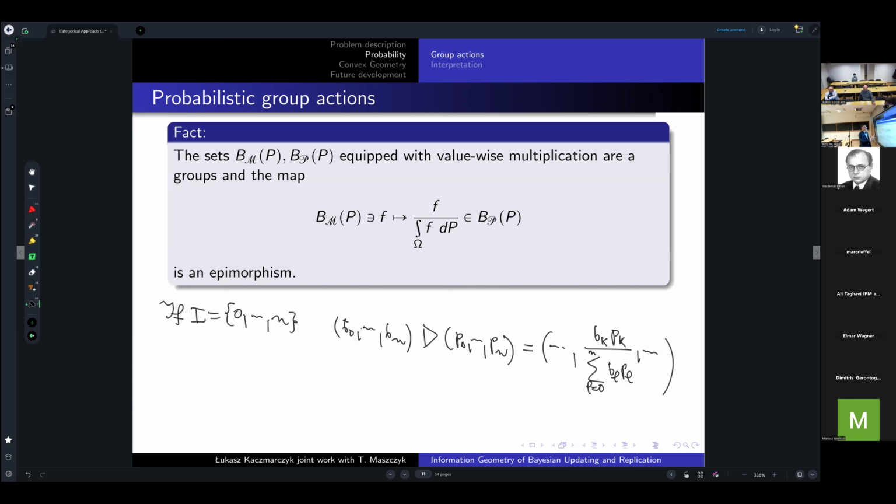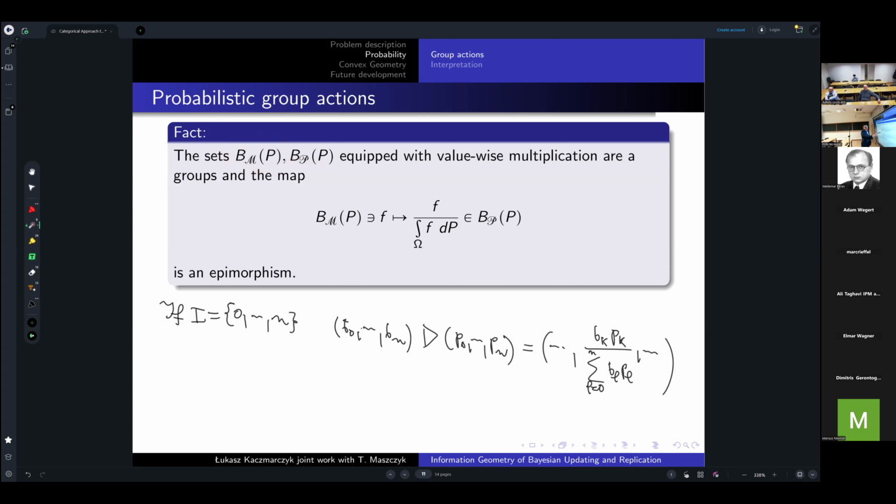First mistake. No, it's not yet, because it's not the action. So this one will act on all measures. This one will act on probability measure, and we will define the action on all measures.